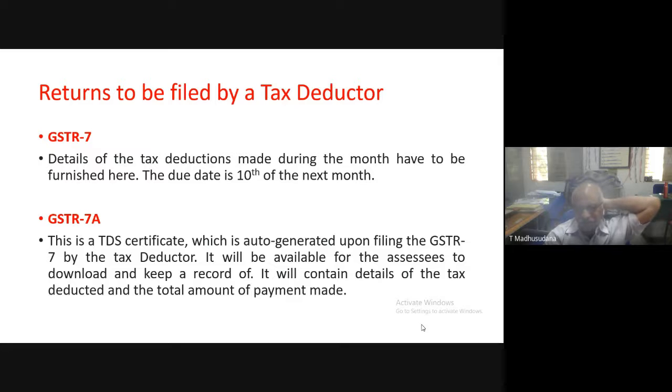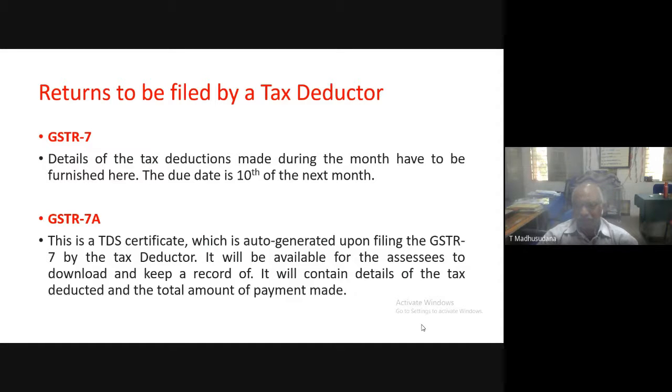GSTR 7A is a tax deducted at source certificate, auto-generated based on the information submitted in GSTR 7. It will be available for the assessees to download and keep a record of. For the purpose of download, it is made available on the website.